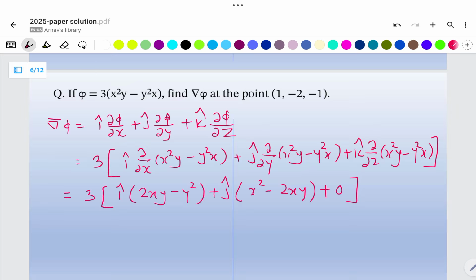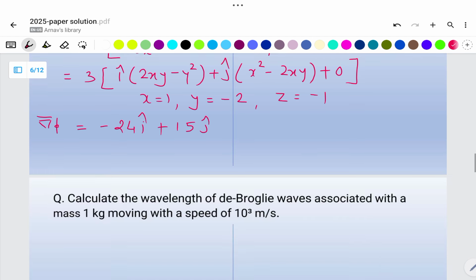Now in this equation, we'll substitute the point: wherever x, substitute 1, wherever y, substitute minus 2, wherever z, substitute minus 1. So at the end we get the gradient of this scalar field as minus 24 i cap plus 15 j cap.